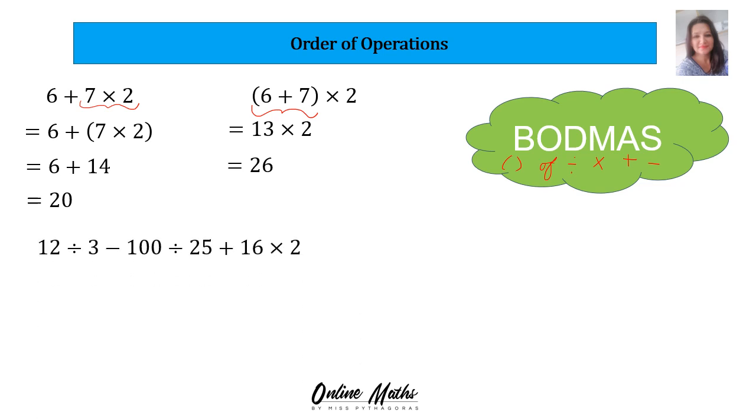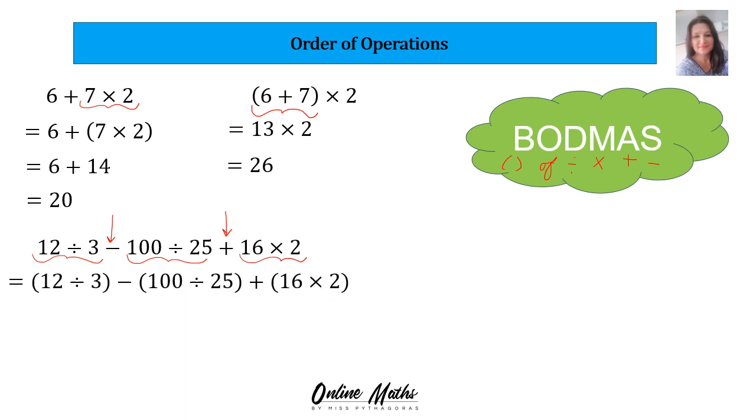And then the last example, there's a rule in maths that says that terms are separated by plus and minus and joined by division and multiplication. So that means you're going to put brackets around 12 divided by 3, minus you put brackets around 100 divided by 25, and plus you put a bracket around 16 times 2.